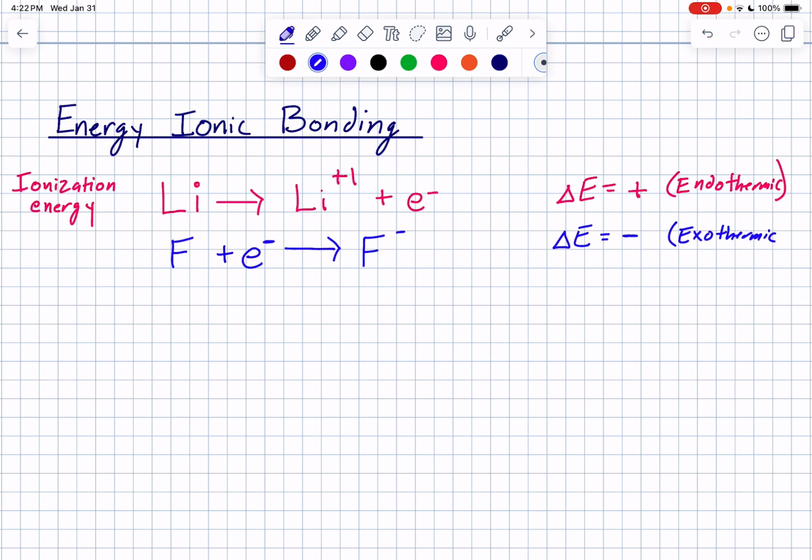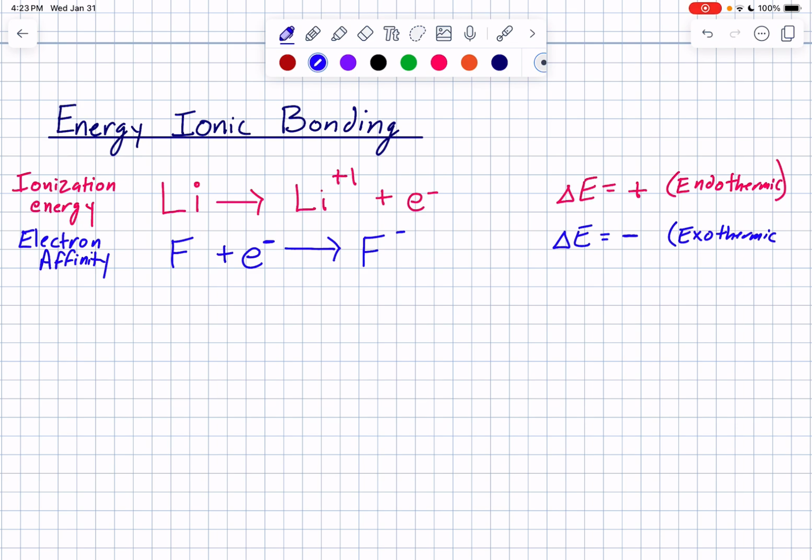This is referred to as electron affinity. But you can also call it electron attraction, since that's essentially what it's doing. It's the element attracting the electron so that it can complete its valence shell. That's all affinity means.